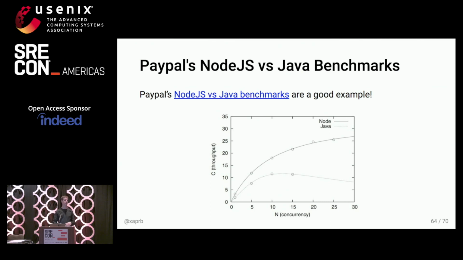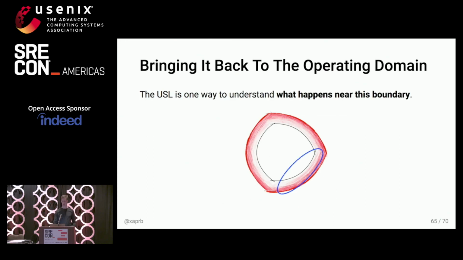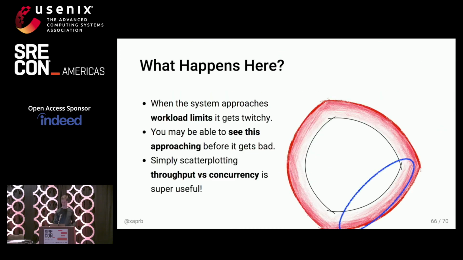So if we bring this back to the Rasmussen model of the operating domain, what we're doing here is describing how things happen as you start to encroach into the fuzzy shaded area that you're not really sure about near the bottom there. And what happens there is that the system gets really variable, very unpredictable.